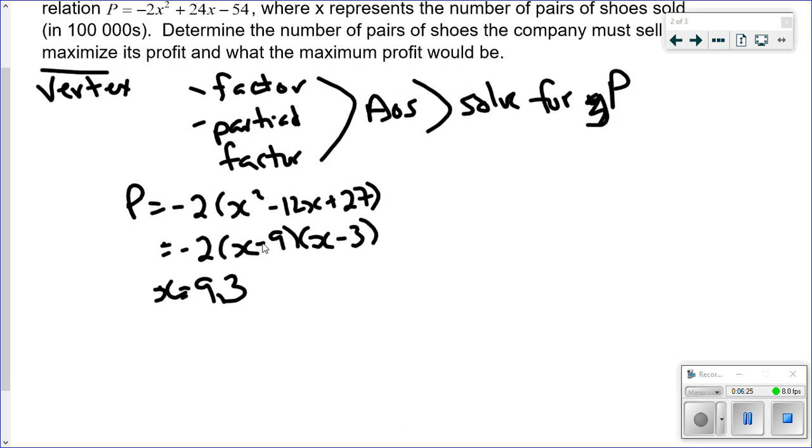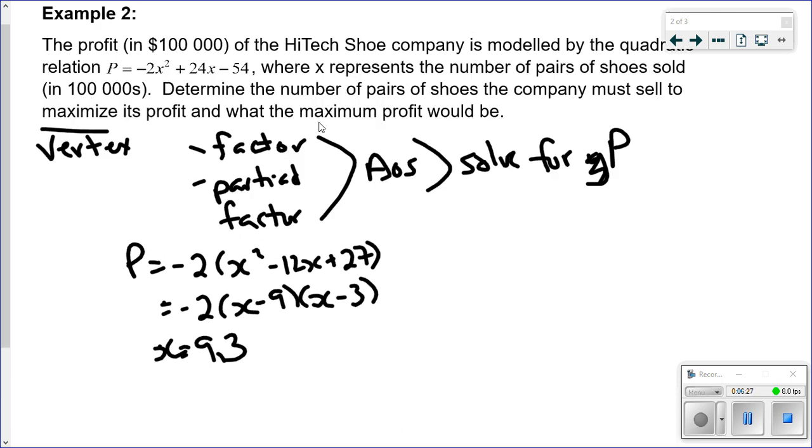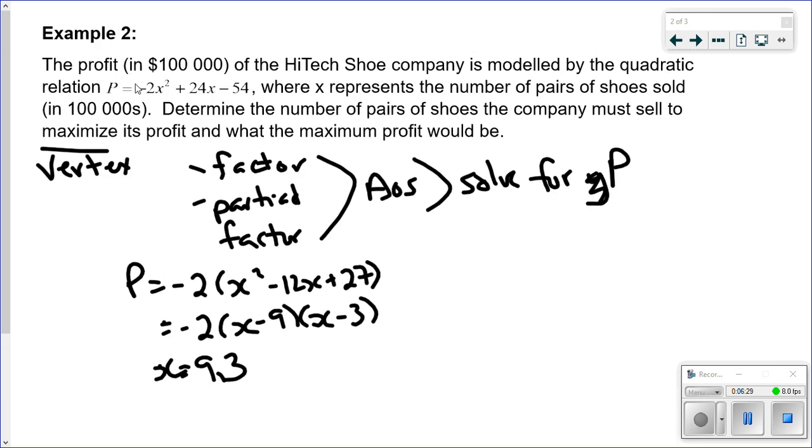Now, notice I don't have to define my x and p in this one because the question does it for me, right? The profit is p, and x represents the number of shoes.